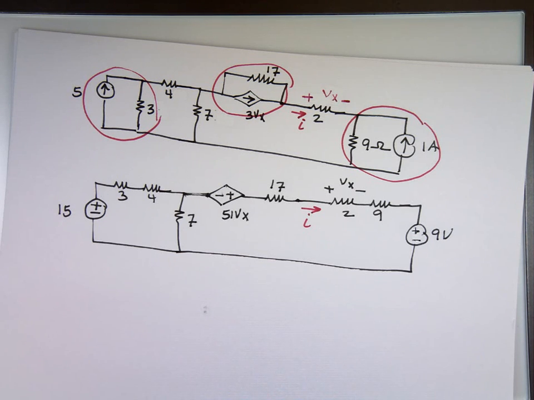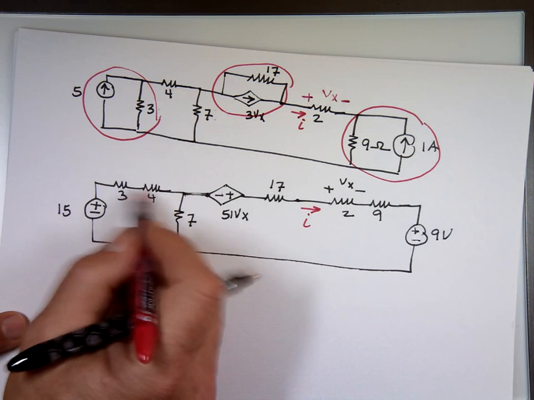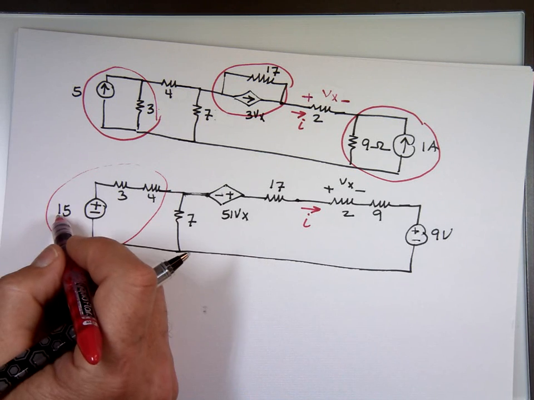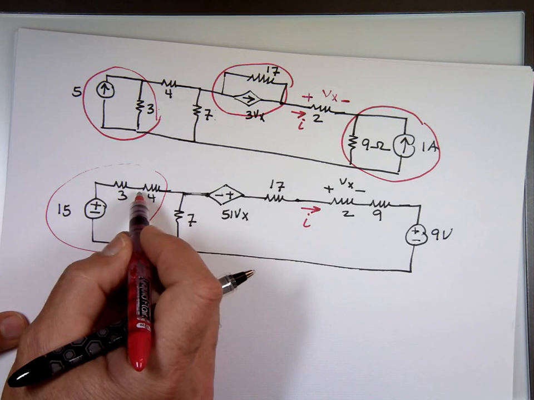I can do source transformation, by the way. See this one here? What's 3 and 4? 7. I get a 15 volt source in series with 7 ohm.